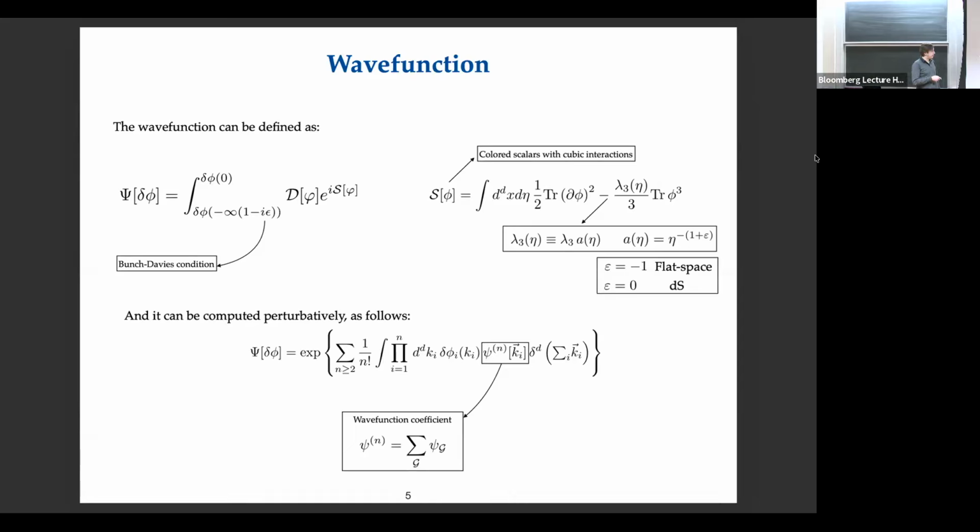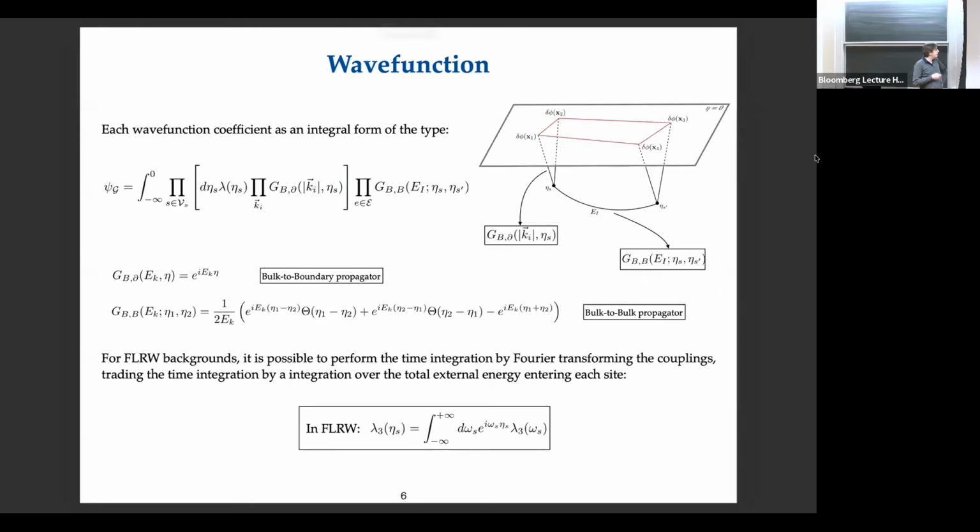And you can compute the wave function perturbatively, and you expand it in these wave function coefficients, which admit a diagrammatic expansion. This will be like Feynman diagrams.